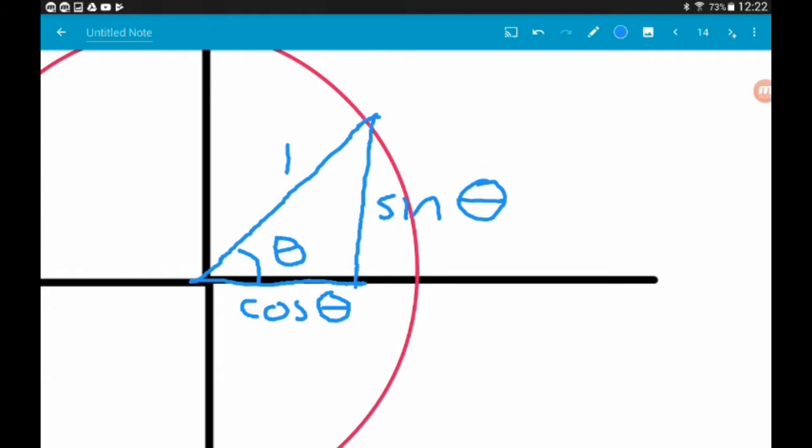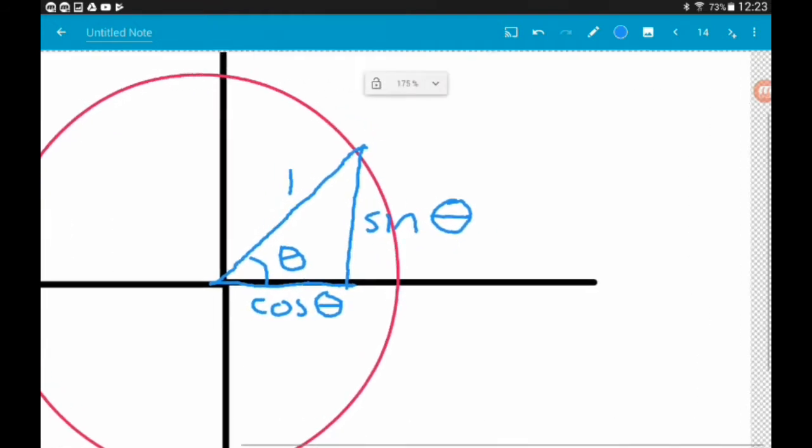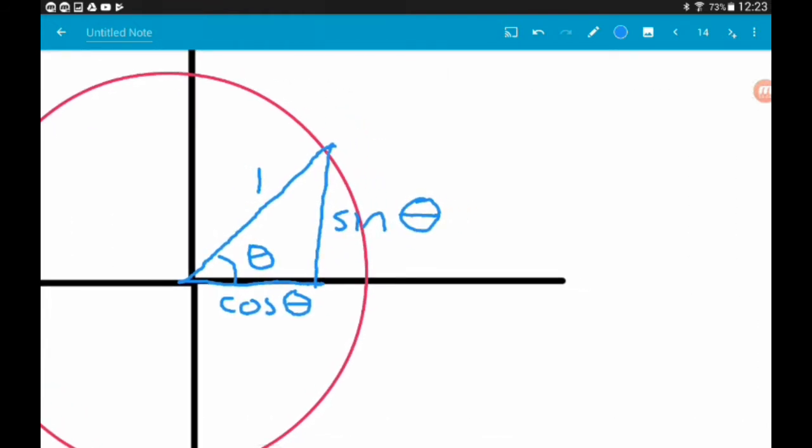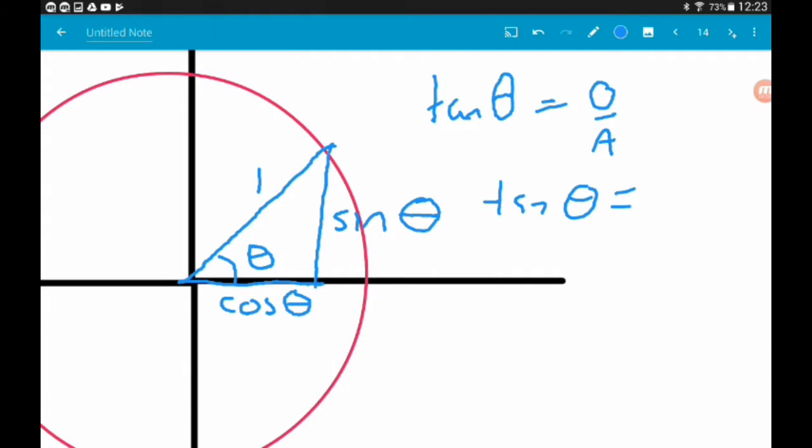Now we can call the sides of our triangles sine of theta and cos of theta for the opposite and the adjacent. So we know tan of theta is the opposite over the adjacent. So here tan of theta is equal to sine of theta over cos of theta.